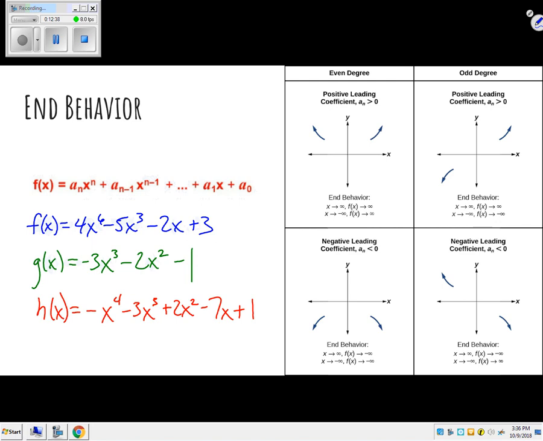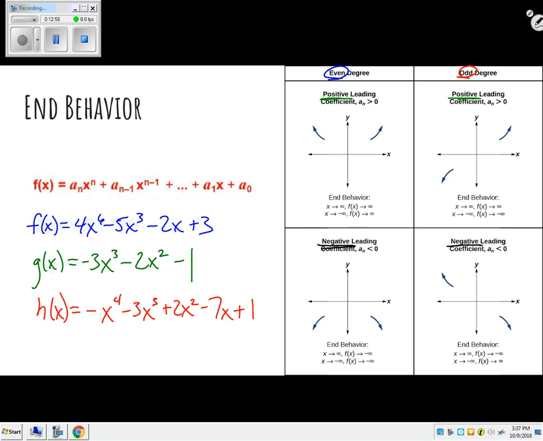First of all, I have an even column and I have an odd column. And then within each one of these, I have positive leading coefficients and I have negative leading coefficients.